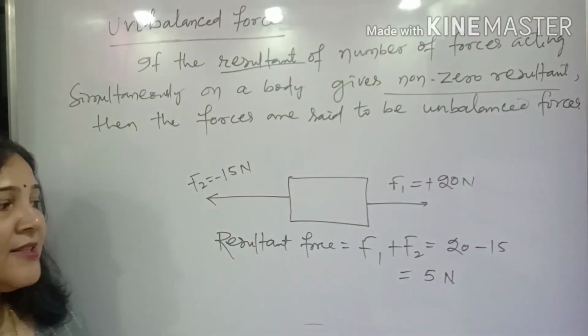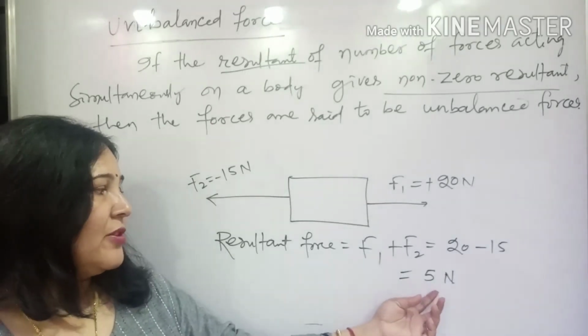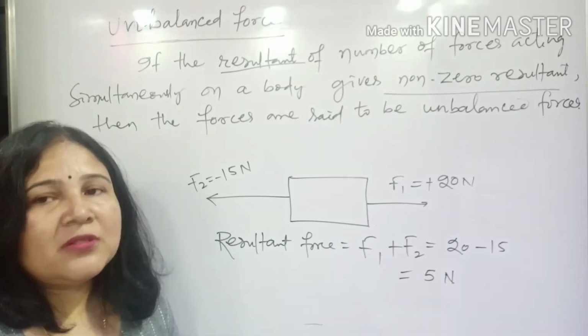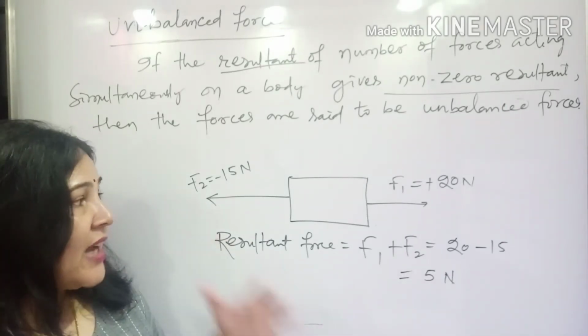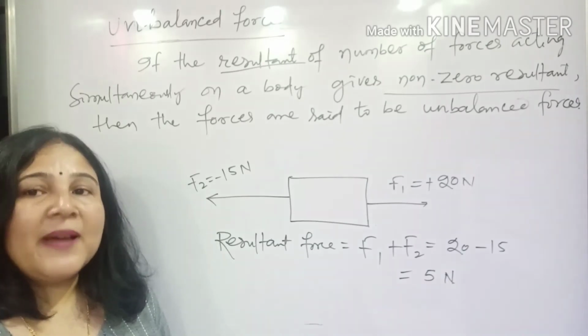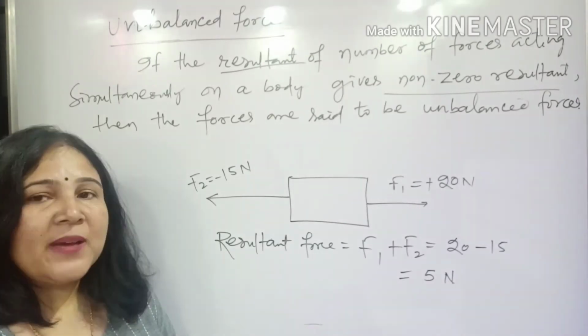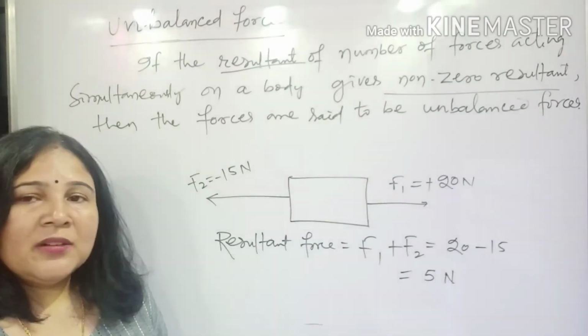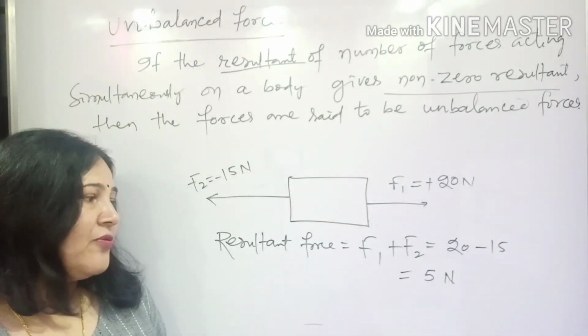Here we can see that the magnitude of the resultant force is not 0, it is a non-zero value. In that case we can say the body is not under balanced force, but under unbalanced force. That 5 Newton we got is the magnitude of the resultant force.